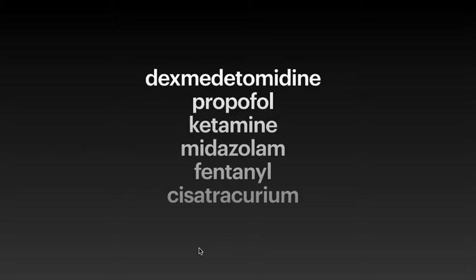Dexmedetomidine is kind of the new darling of the sedative world, and it's used very often in the intensive care unit and in the operating room because it does a good job and tends not to make people terribly hypotensive. Cisatracurium we'll talk about last, but it's a paralytic agent, so it doesn't provide any of those things that we just mentioned above: sedation, amnesia, analgesia, and taking care of anxiety.